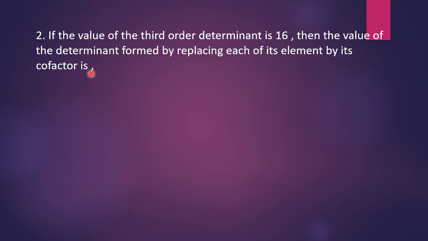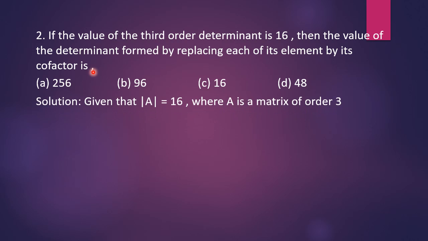That is, the value of the determinant is 16 in which that matrix is of third order, that is a 3 by 3 matrix, because we can find the determinant of only a square matrix. So we have to find the determinant of its cofactor matrix here. So these are the options.